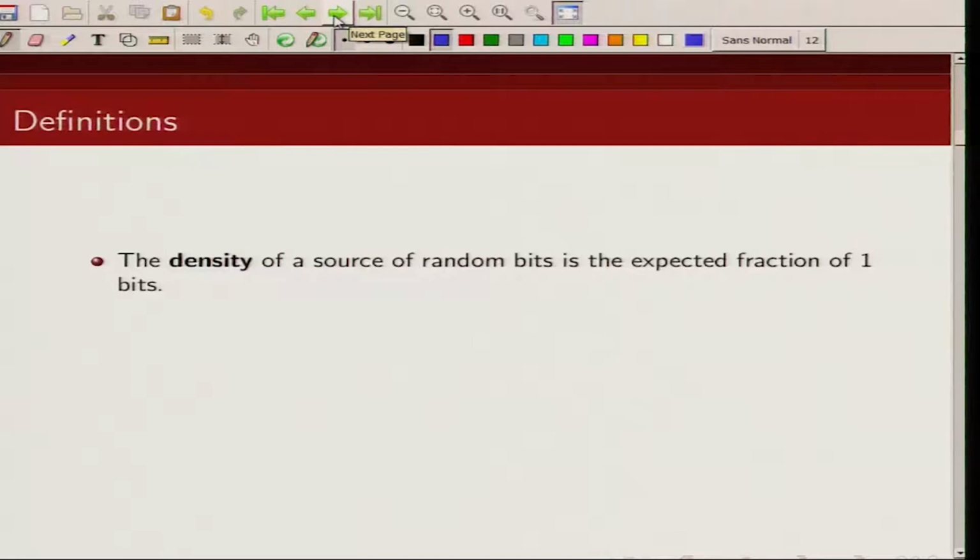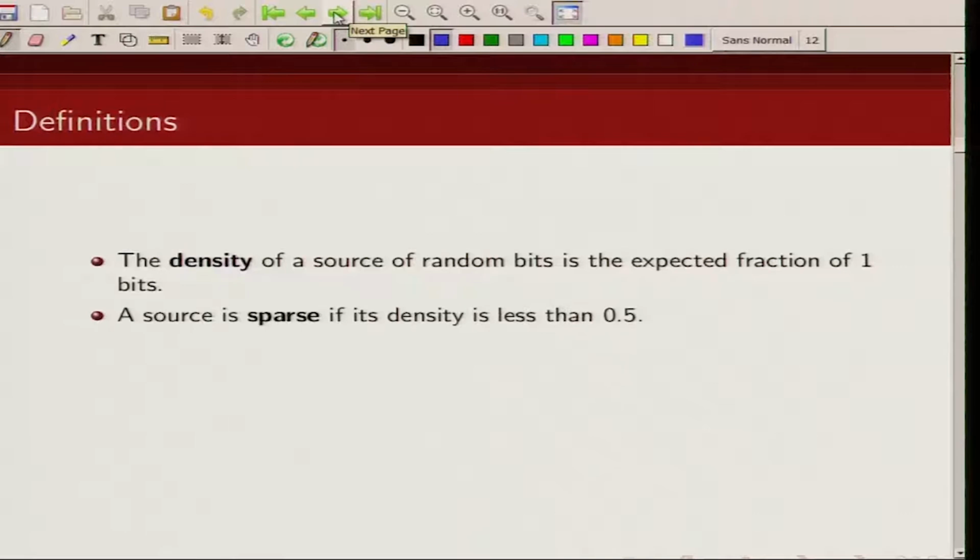So, what do we mean by low density? We will first define what we mean by density. The density of a source is basically the expected number of ones in the source. Now, when is it low density? A source is low density, or sparse, if the density of 1 is less than 0.5.